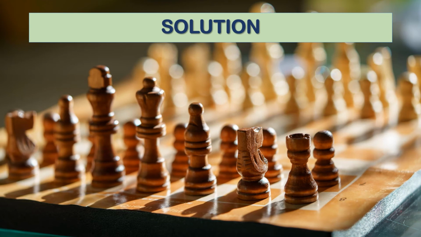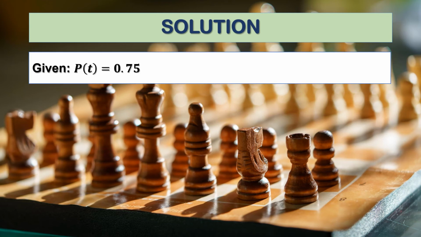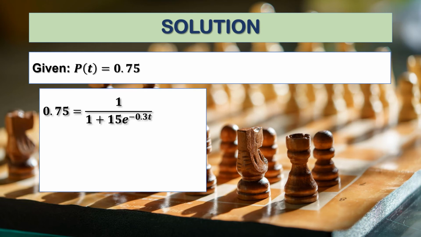So let's have the solution. The given is P of t is equal to 0.75, that is 75%. So we have 0.75 is equal to 1 over 1 plus 15 multiplied by e raised to negative 0.3t. By multiplying both sides of the equation by the denominator, we got 0.75 plus 11.25 multiplied by e raised to negative 0.3t is equal to 1.